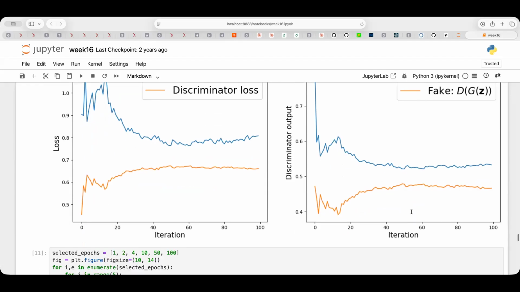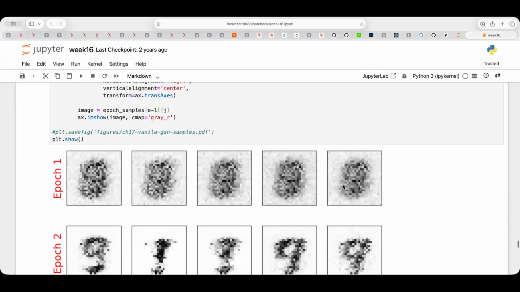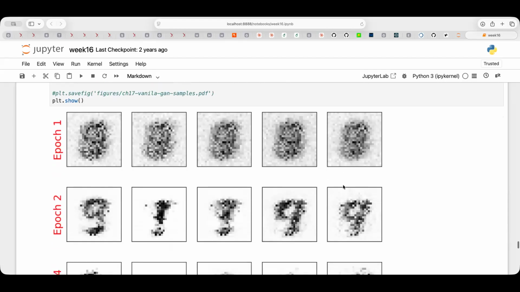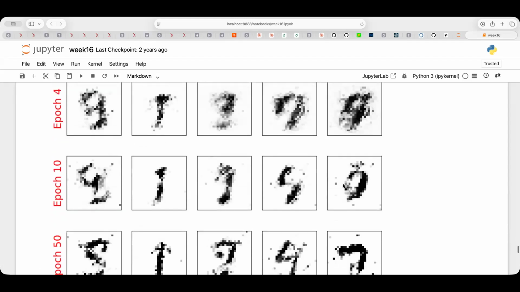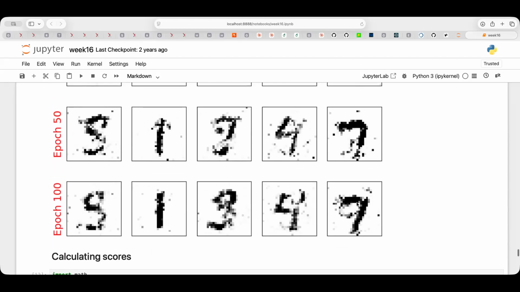After one epoch, this is what your image looks like. It's pretty blurred. But then gradually, after 100 epochs, you're able to reconstruct it, and you see that this is most likely, I guess, a number 9, 1, 3, 4, and 9 here. So this is a typical example of an application of the simplest possible MNIST.